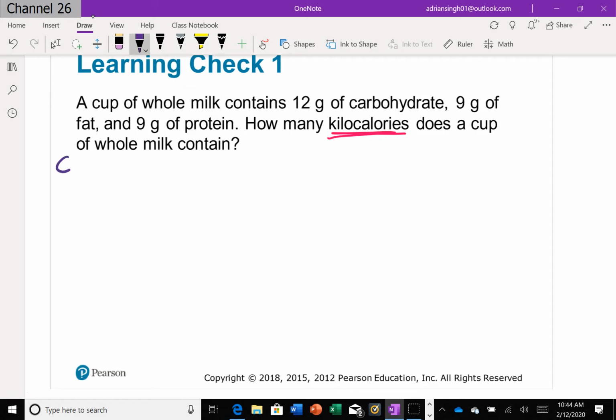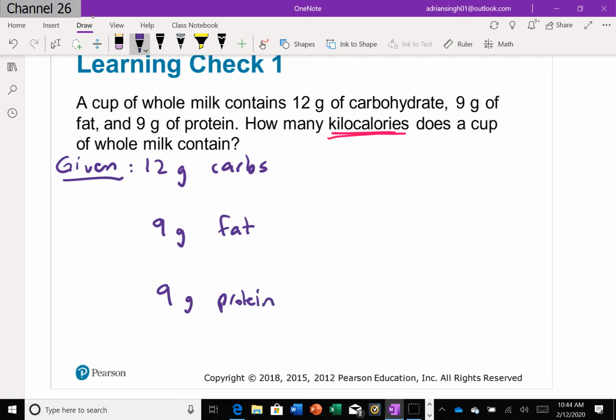We're given how much of each of the different types of molecules we have in this cup of milk. So we have 12 grams of carbs. I'm going to abbreviate carbohydrates as carbs. You have 9 grams of fat, and then we have 9 grams of protein.